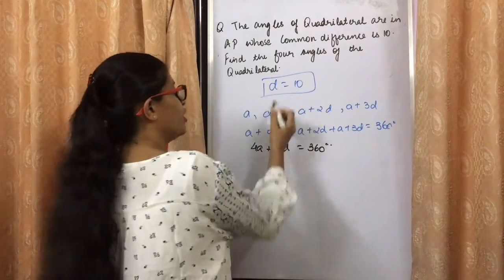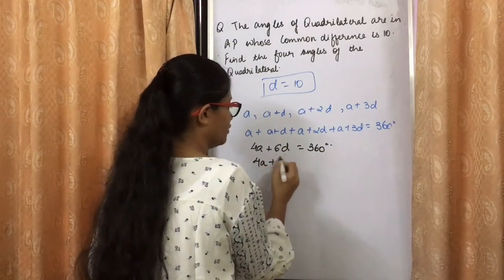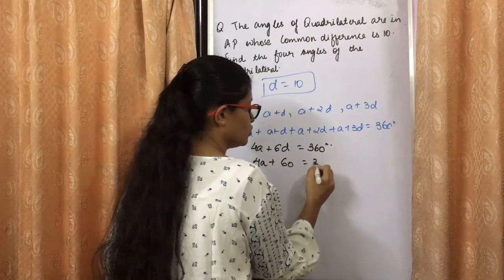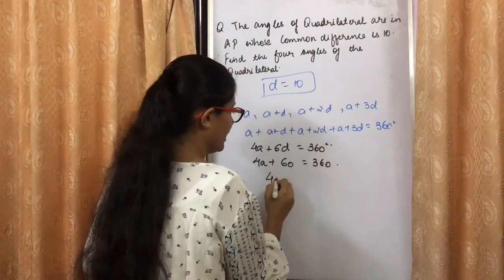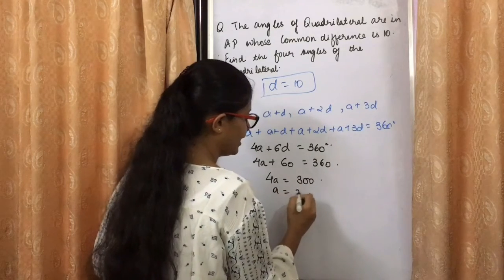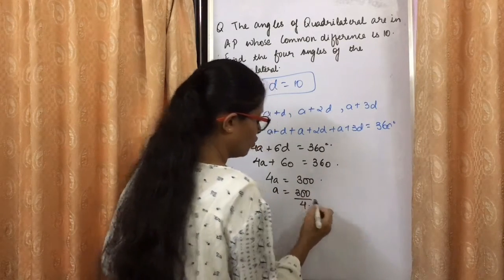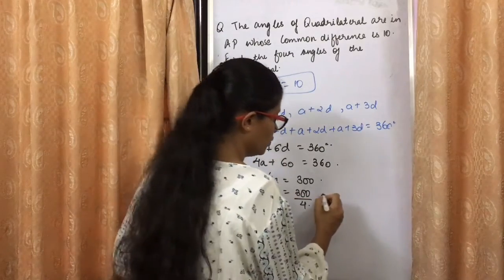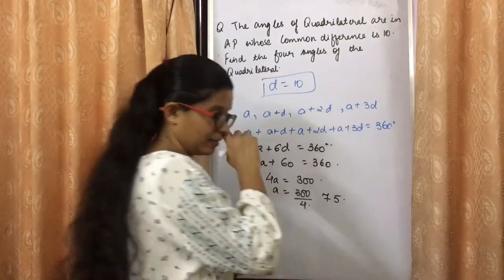We have the value for D as 10, so we can substitute here. We get 4A plus 6 into 10, 60, is equal to 360. 4A is equal to 360 minus 60, which gives 300. So the value for A comes out to be 300 upon 4, which is 75.